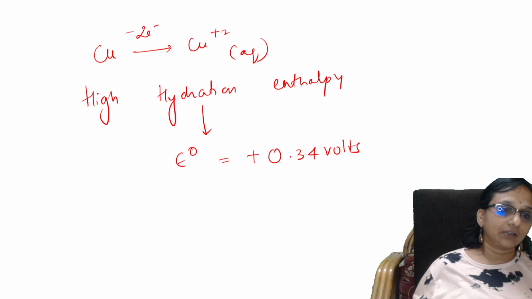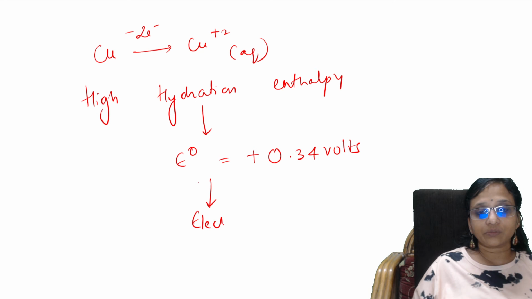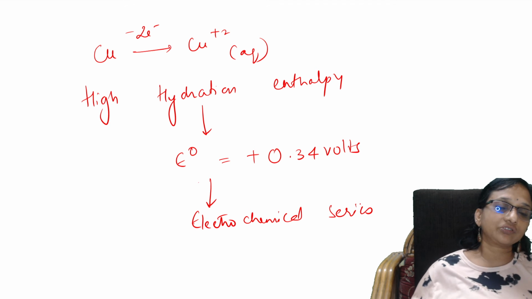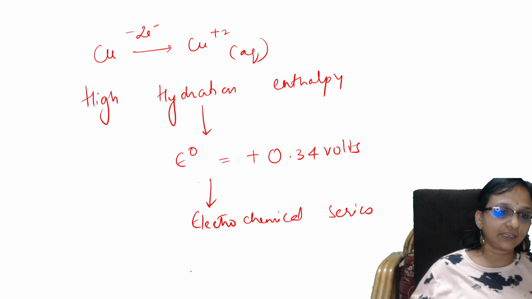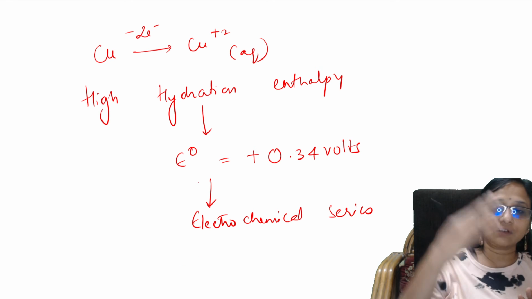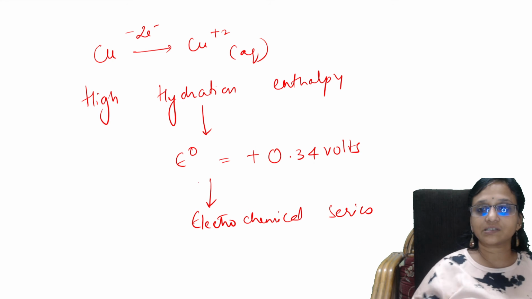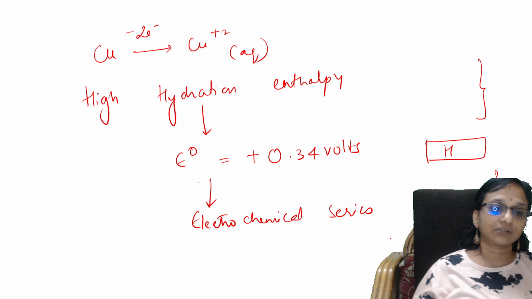Now, this value, when you see your electrochemical series, students, you very well know, plus 0.34. Positive values are below and negative values are above in the electrochemical series. Your hydrogen is here, all your negative values are above.